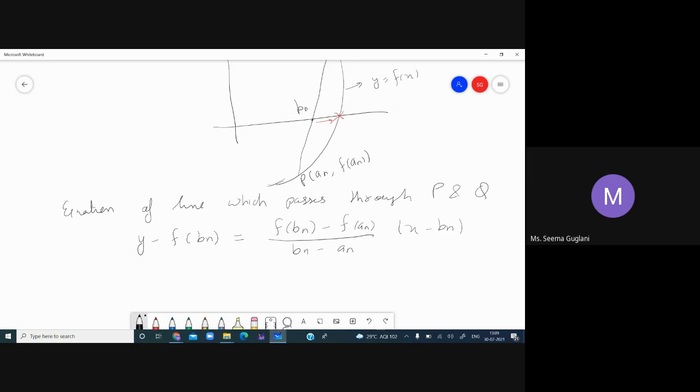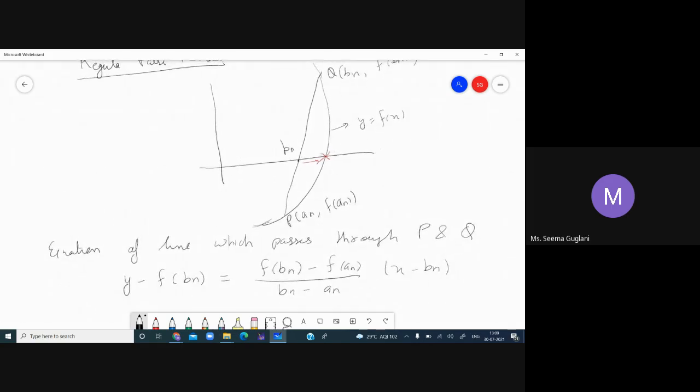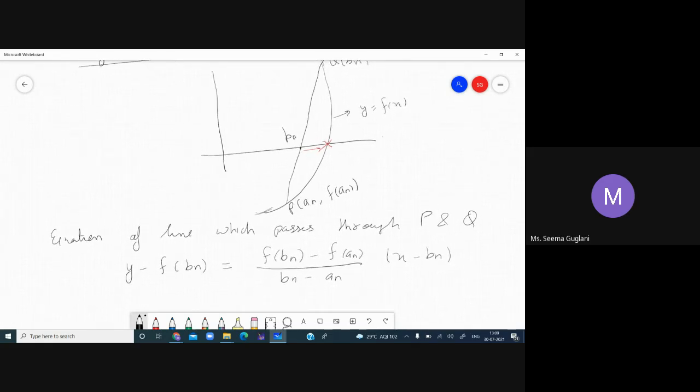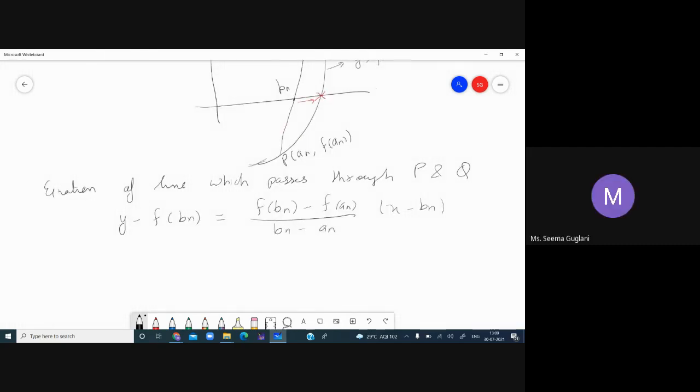Is this clear to everyone? Fine. So we have to find out the value of Pn. It means when I put x is equal to Pn, my y would be 0. Clear?